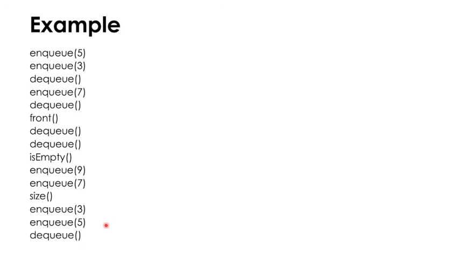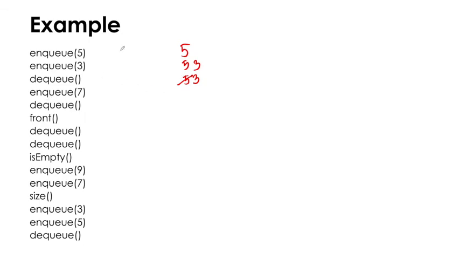So we have this example for the queue. So let's do this. So we are going to enqueue 5 we have there, and then enqueue 3, but the next one is dequeue, so 5 will be eliminated, so it will be now 3 only.